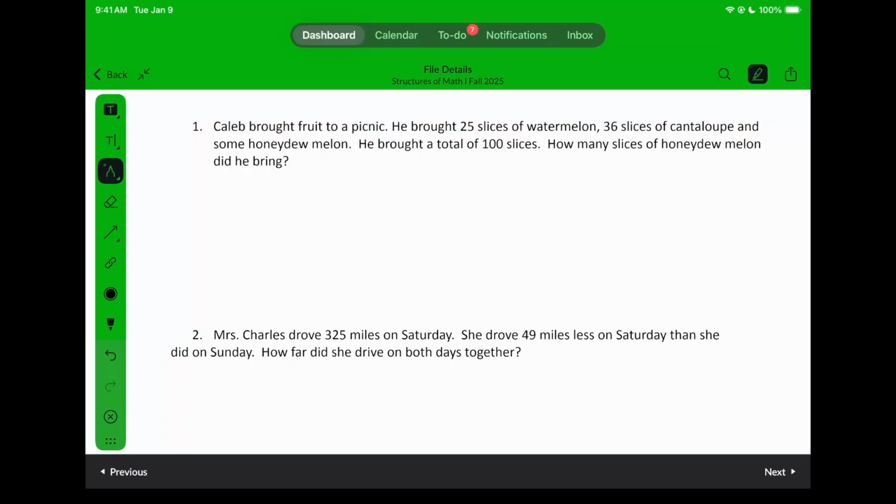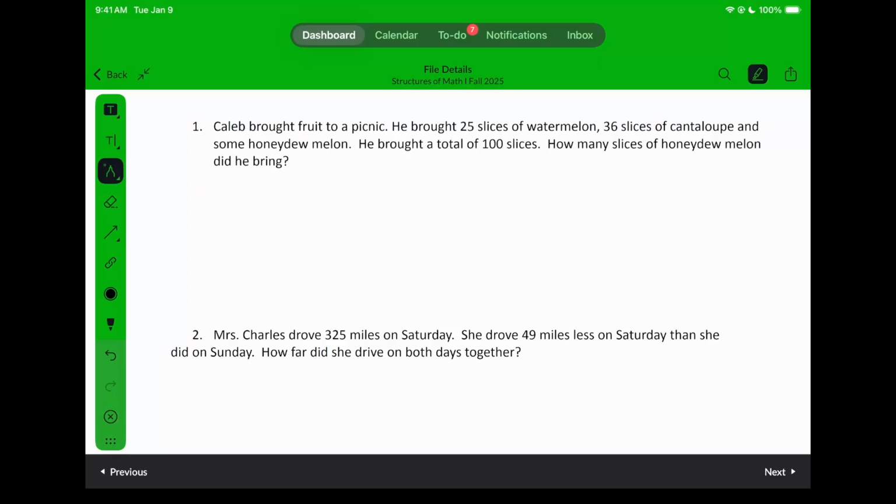But we're not comparing, like, he brought more cantaloupe than watermelon. We're not doing that. He brought the 25 watermelon. He brought the 36 cantaloupe. He brought some honeydew. And we know the total.